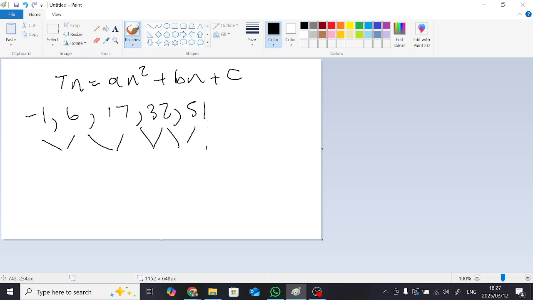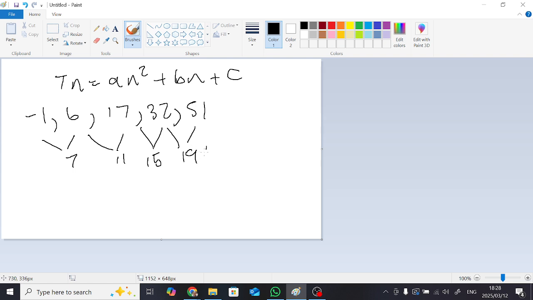So we can check the first one: 6 minus -1 is equal to 7. 17 minus 6, sorry, that's 11, not 9. 32 minus 17 is 15. And 51 minus 32 gives us 19.